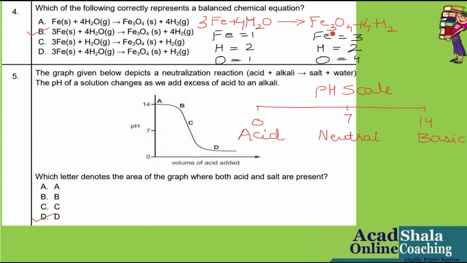Now my next step is to see the correct option among the 4. So I found that option B is the correct, appropriate answer for this question on balancing the chemical equation. So children, are you seeing that you cannot tick mark anything without solving?